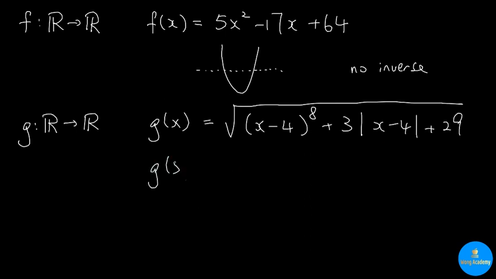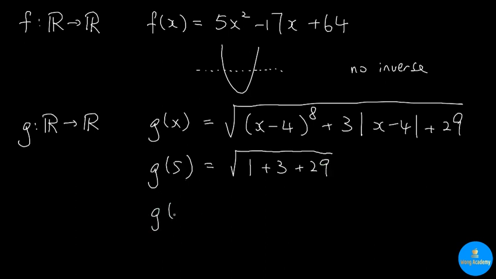g of 5 would look like this: square root of 1, because 5 minus 4 is 1, plus 3 times 1, because 5 minus 4 once again is 1, plus 29.